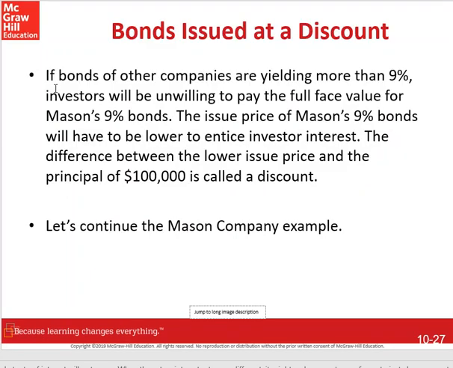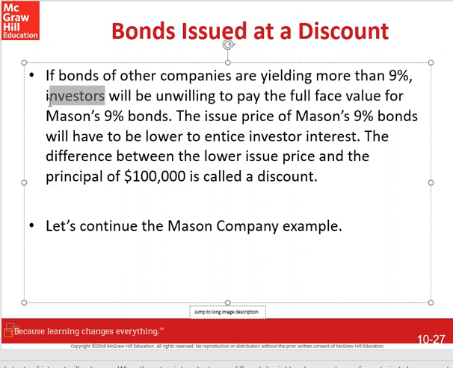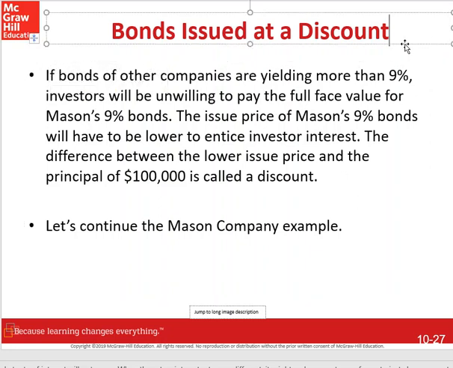So basic idea, if bonds of other companies are yielding more than the 9% that Mason was paying, investors or potential bondholders would be unwilling to pay the full face value for Mason's 9% bonds. So somebody else is offering to pay 10%. Why would you want to buy Mason's bonds that are only 9%? That doesn't make a lot of sense. You're going to be attracted to the 10% bond.